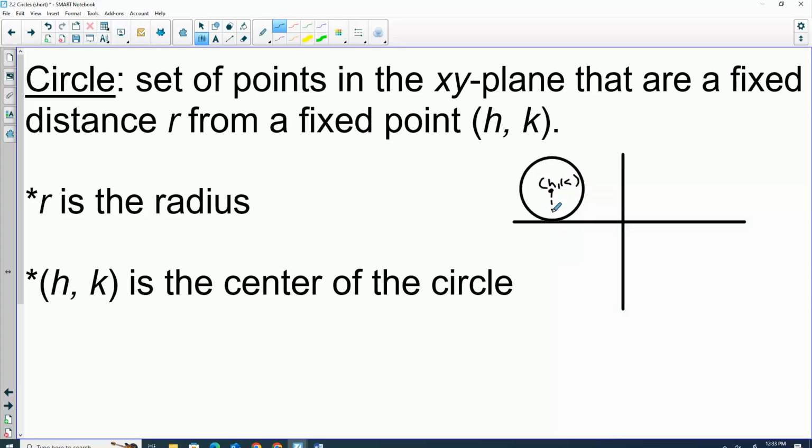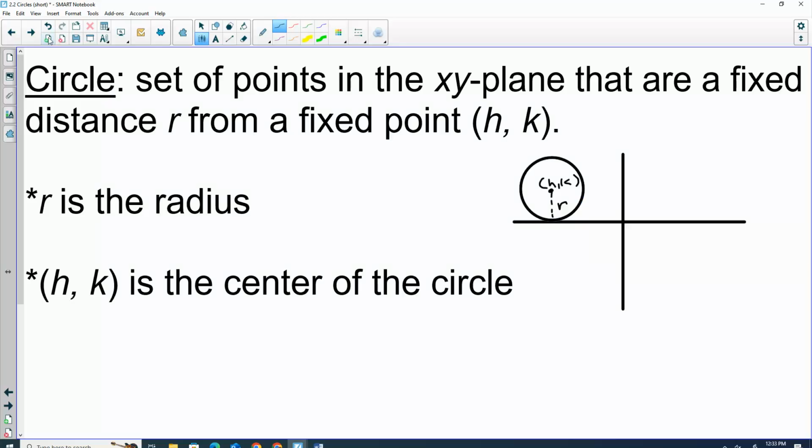R is how far it is from the center to the edge of the circle. That's your radius. So the circle is made up of every point that is r units away from the center. Big thing you need to know is what that formula looks like and how to find the center and radius. So that's where we're going to start.